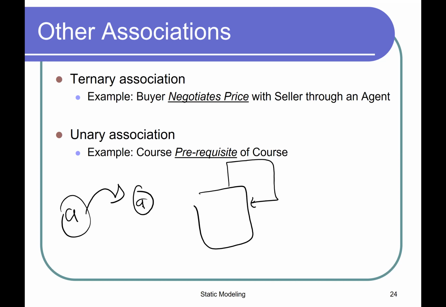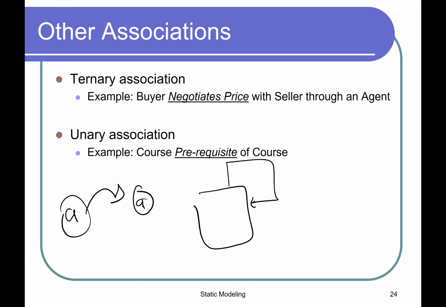A classical example is courses being prerequisites of each other. We're talking about the same class. We're not going to have a class called SE310 and a class called SE225, because they're the same type of class. So we write down a class called course, and then a unary association. Unary comes from the number 1, and it's an association with itself.